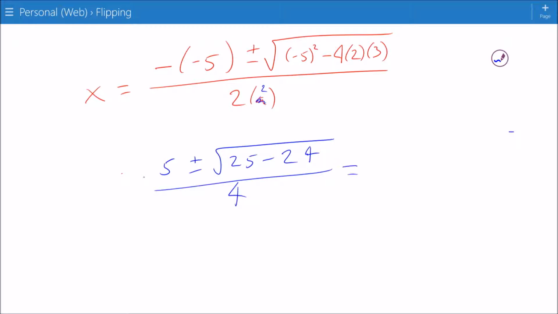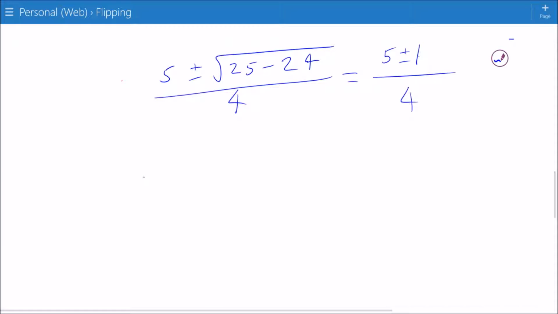Simplify a little bit more. Basically, you're left with 5 plus or minus the square root of 1, and since the square root of 1 is equal to 1, plus or minus 1 over 4.